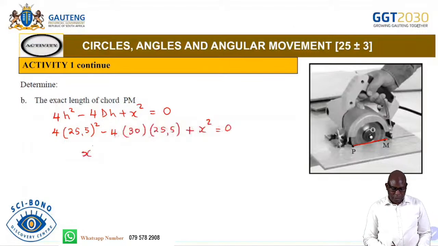So I'm going to get x squared, right? So I'm going to get minus. If I work this out using my calculator, I'm going to get 459 equals 0. Then I'm going to take the 459 to the side. From there, I get the square root of this.